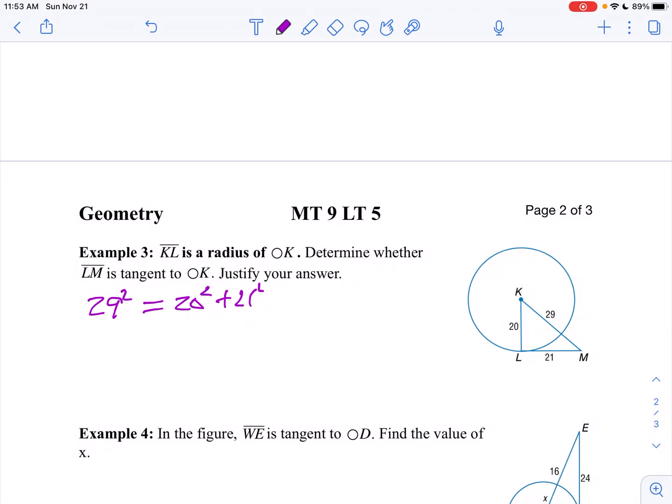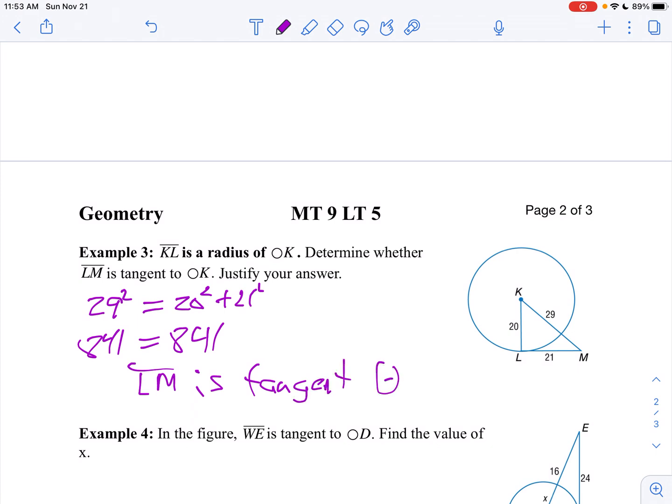So I get 841 equals 841. Well, since they're equal, it's a right triangle. So we know then that LM is tangent to circle K because it forms a right angle.